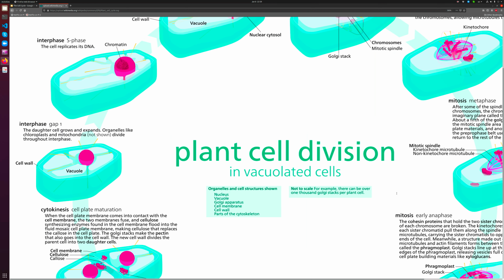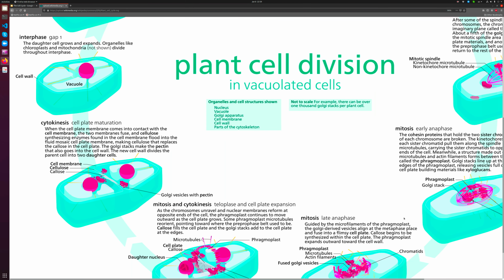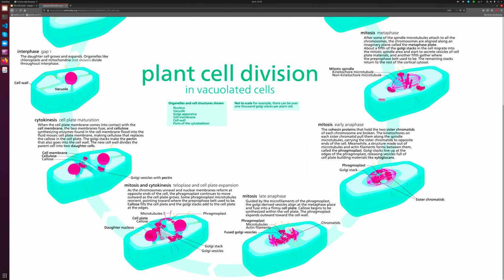Anaphase is a very short phase that sometimes only lasts a few minutes. Early anaphase. The cohesin proteins that hold the two sister chromatids of each chromosome together are broken.